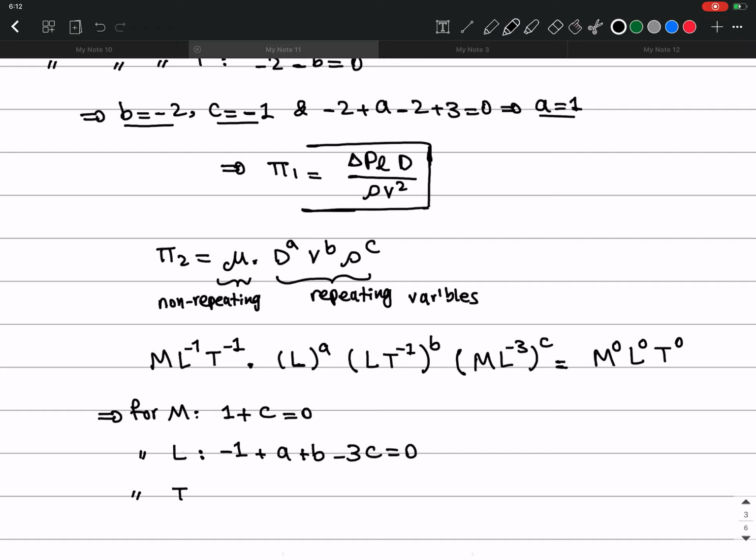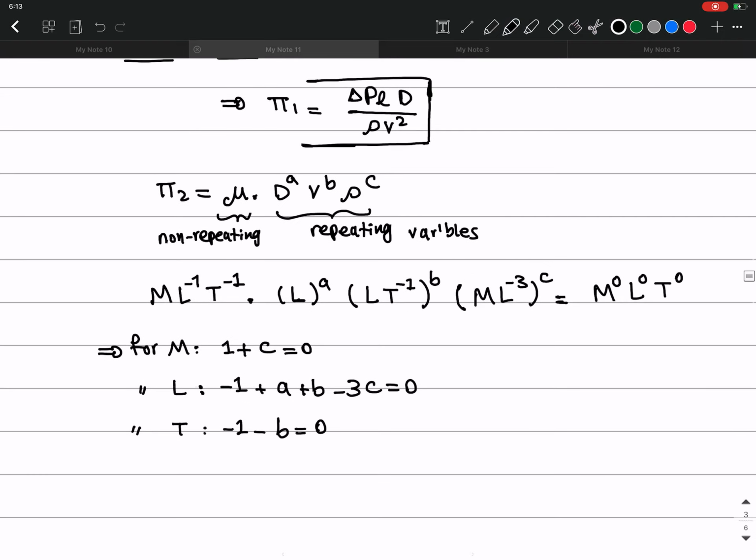For t, or time, minus 1 minus b equals 0. So the last equation gives me b is minus 1. The first equation gives me c is minus 1.